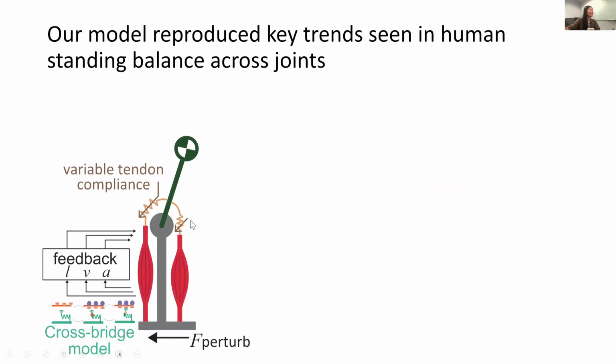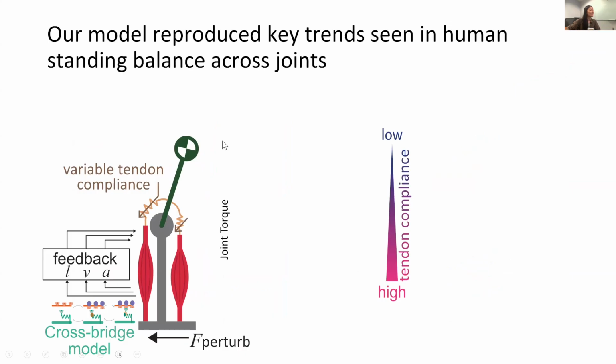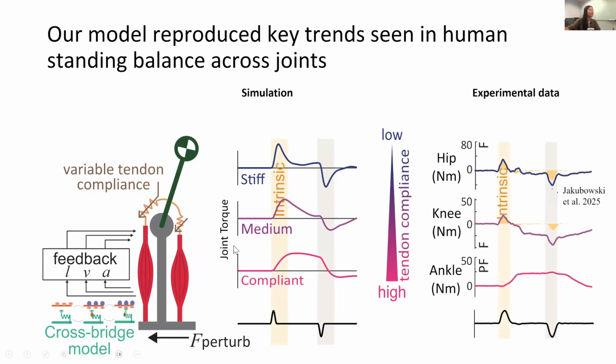And if you put that back into the inverted pendulum dynamics, this is what happens with our simulation. So because the hip muscles are connected to much more stiff tendon, our simulation will show that the joint torque that is connected to the more stiff tendon will increase much more sharply, where joint torque connected to a compliant tendon will increase really slowly like this.